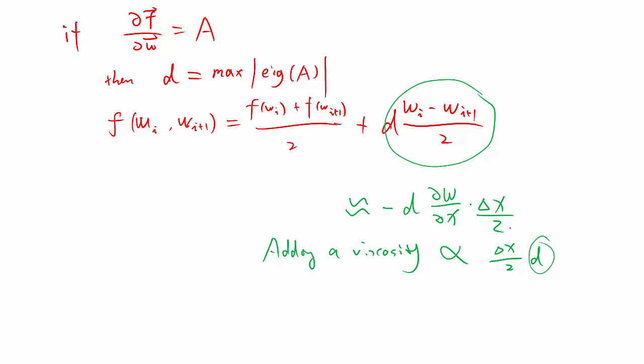So the magnitude of D is fixed no matter how you refine the grid, right? It relates only to the differential equation, not to the grid. But as you refine the grid, half of delta x goes to 0. So the amount of artificial dissipation, or numerical viscosity, or artificial viscosity, as people call it in different ways, is going to go to 0 as you make delta x go to 0.